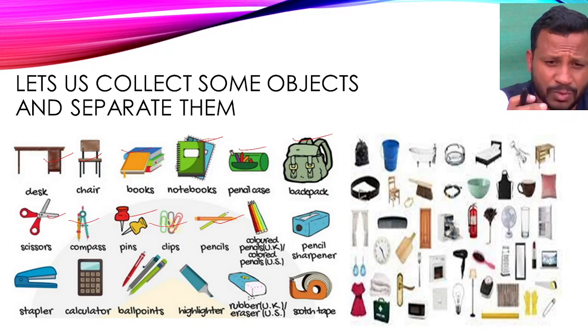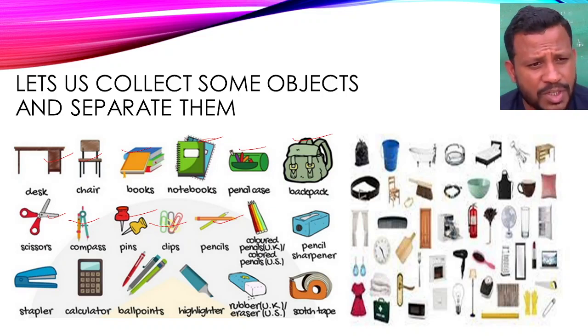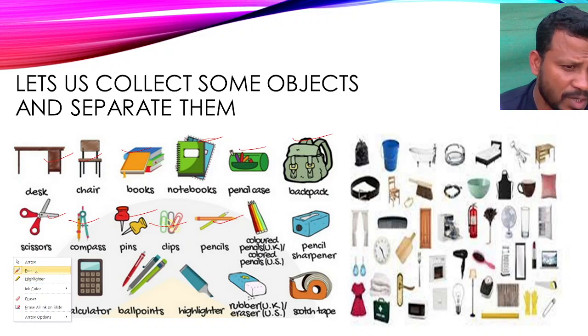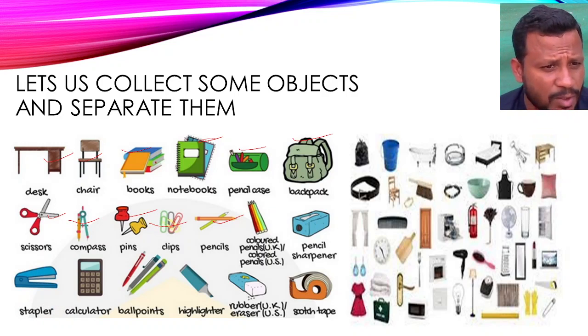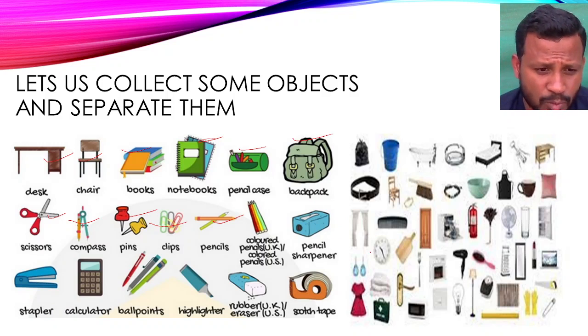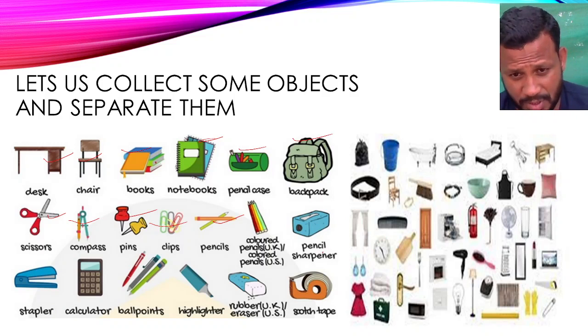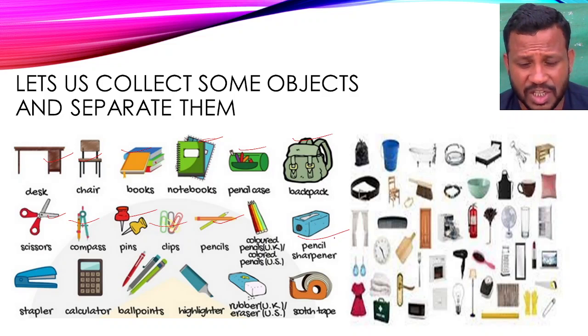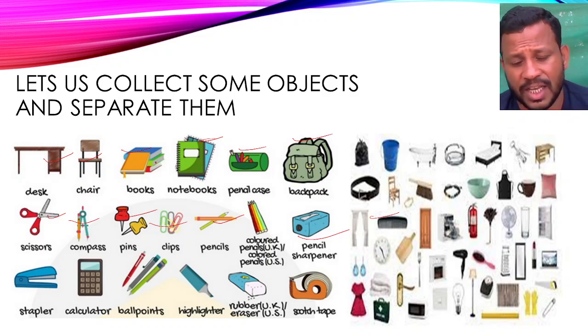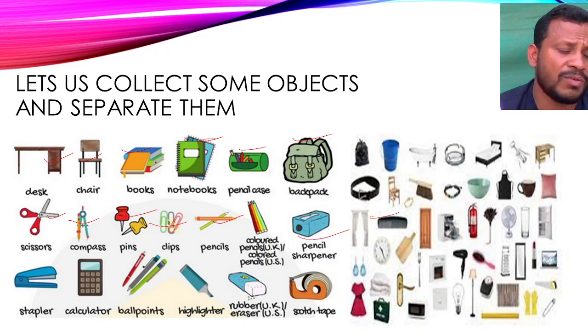We have to divide them. Look here, if you observe this picture, we see that some of the materials are made of wood, some are made of steel, some are made of a composition of steel, plastic and wood, electronic items, razors, tape, pencil sharpener, paint. Some materials are made of wood, clothes, books, and bags, as well as the belts we use in our day-to-day life.